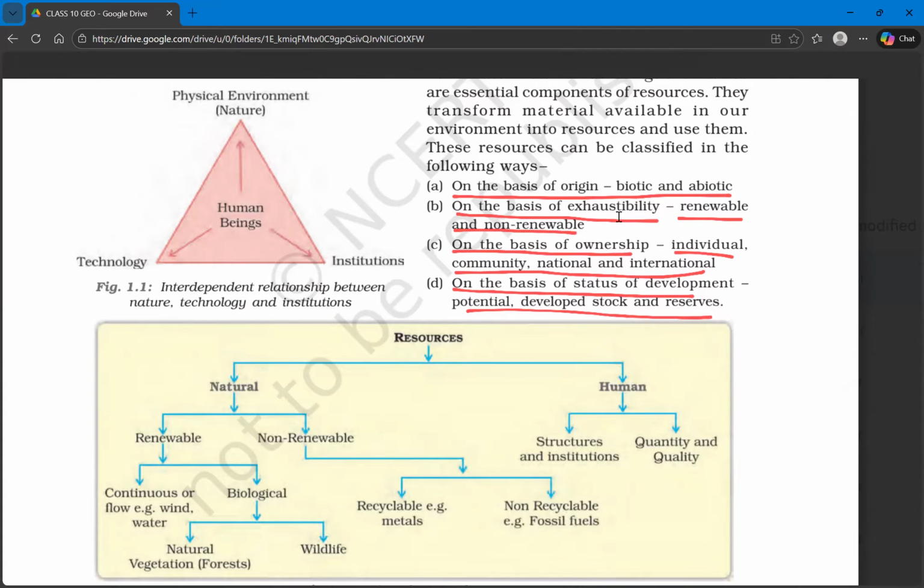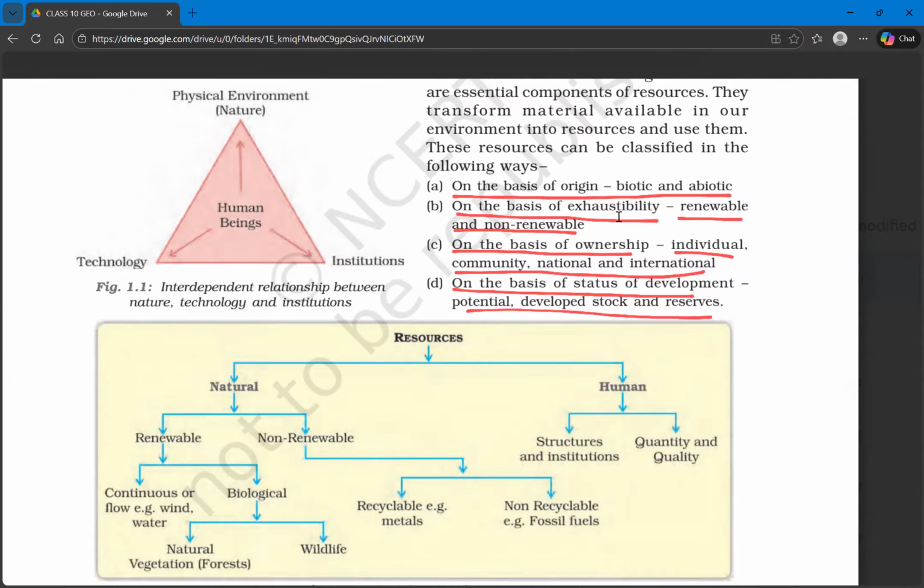Some examples of renewable resources are solar, wind, water, wildlife, etc. And the next one is non-renewable resources. These take a very long time and occur over geological time. For example, fossil fuels, which we know take millions of years to form. These are examples of non-renewable resources.